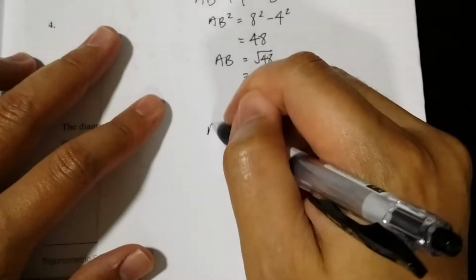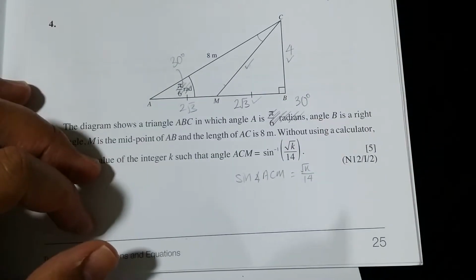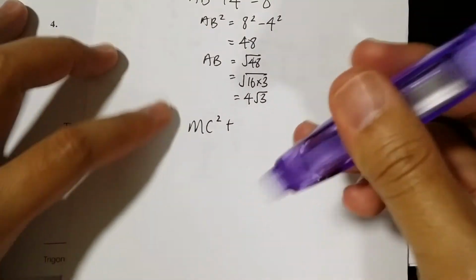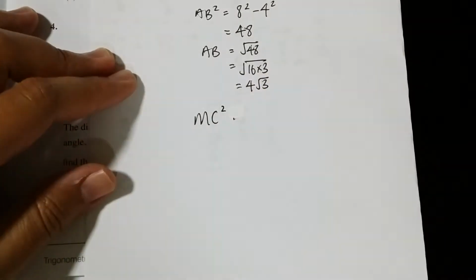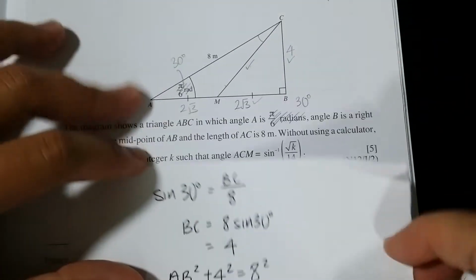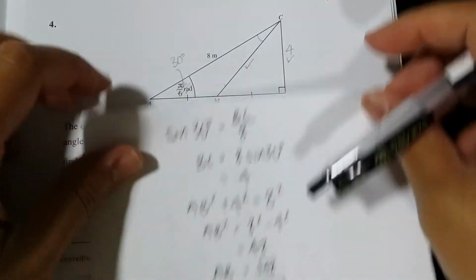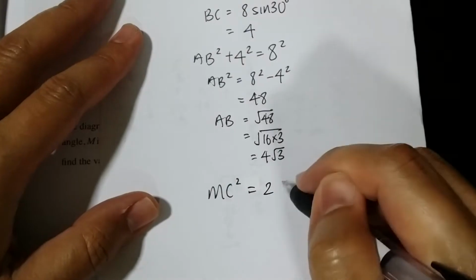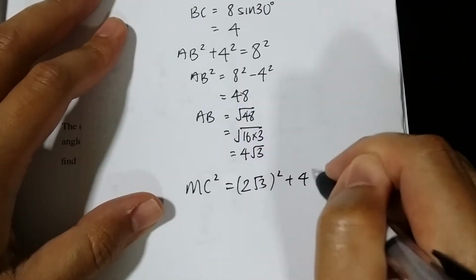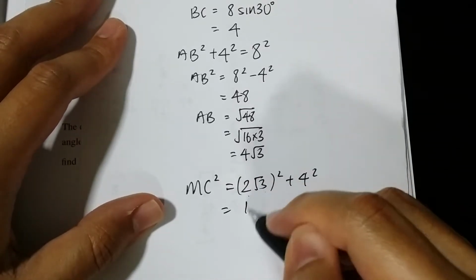Okay, so MC square plus, okay, sorry, my bad, it's not MC square plus, MC square equals 2 square root 3 whole thing square plus 4 square. This is 4 times 3, this is 12.